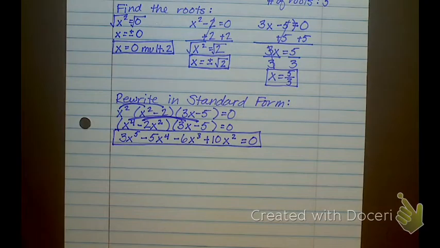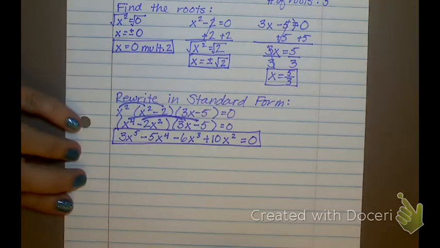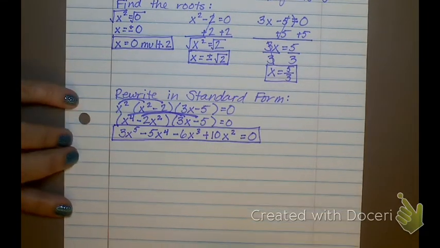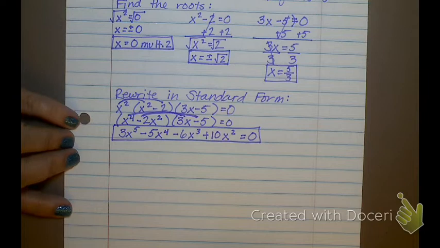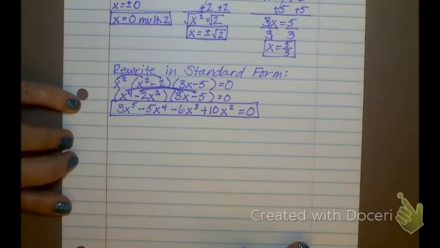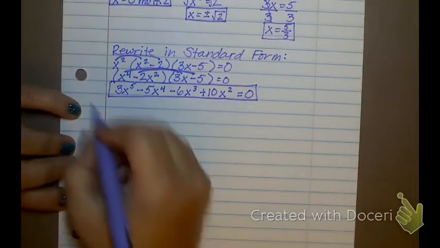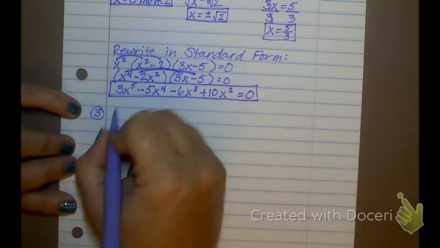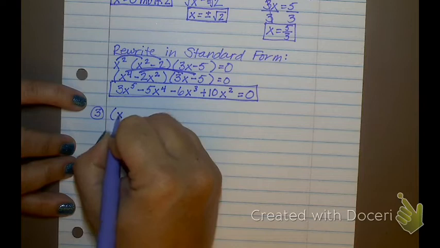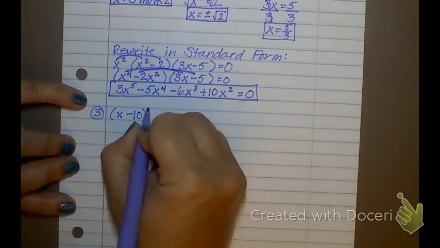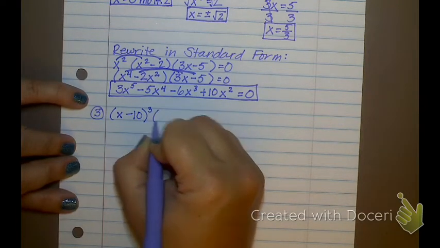Okay. The next one we're going to do, we're not going to do the rewrite in standard form part because I don't think you need more practice on that. But we are going to find the roots and talk about the degree. Okay? So, are you ready? We're trying to give you an exaggerated one just to prove the point.